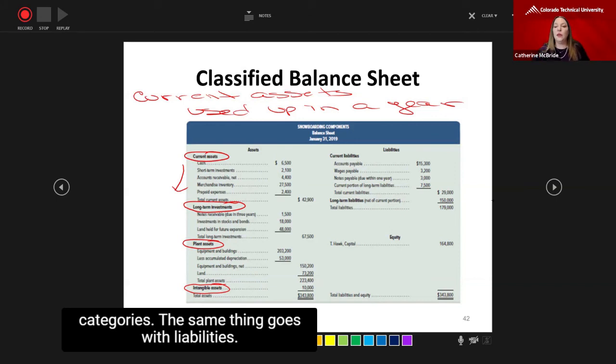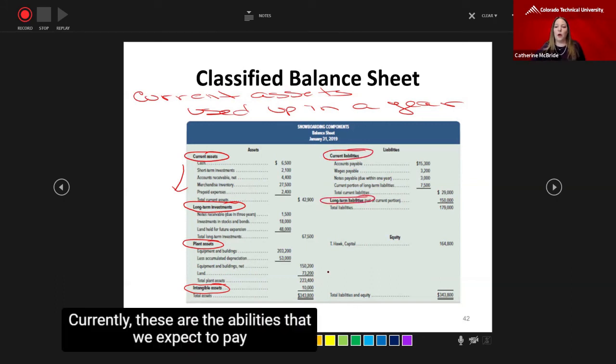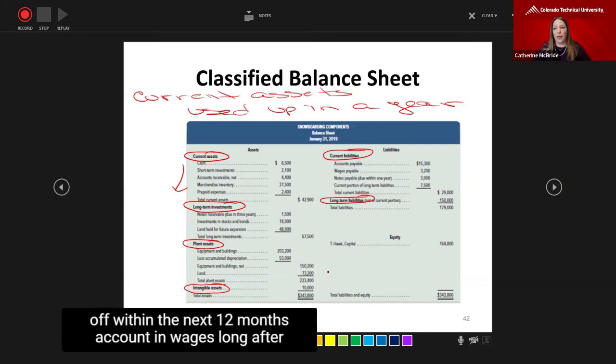The same thing goes with liabilities. We have our current liabilities and our long-term liabilities. Current liabilities are liabilities that we expect to pay off within the next 12 months, like accounts payable, wages.